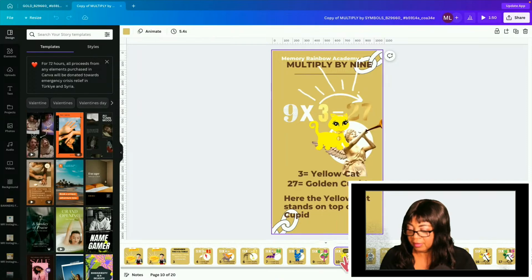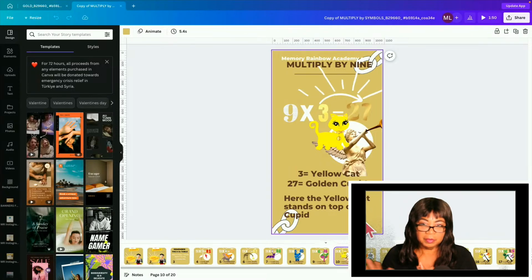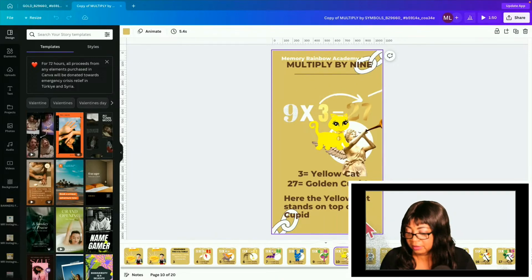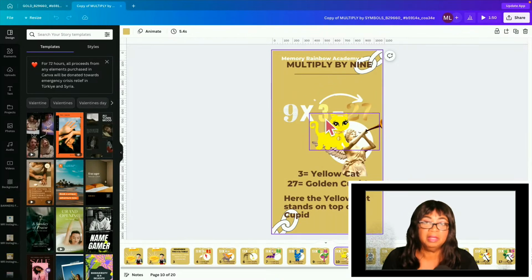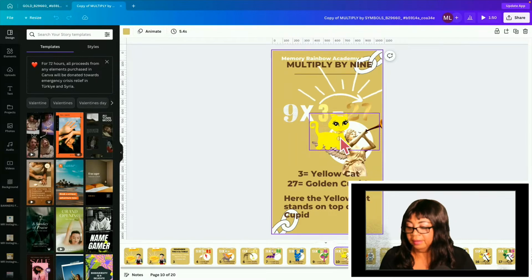Here we have, and we're counting backwards. Sometimes I do it forwards, backwards. It doesn't matter, because once you're using symbols, you can go backwards, forwards, and you will learn it very easily. 9 times 3 is 27. So we have here the yellow cat, right? The number 3 represents the color yellow. And cat, also C-A-T-T, the power hero cat.